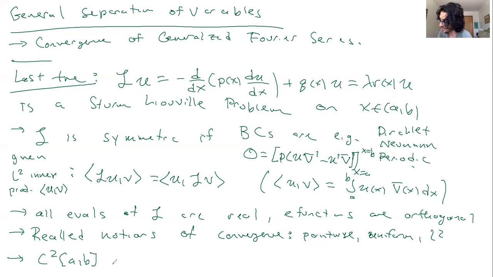And we also said that C2 functions are dense in L2. If I have an L2 defined function, then I have close by a C2 function. So if I have L2 convergence, that means my function is converging to an L2 function, and so it's going to be a reasonably good approximation to the C2 function that I'm interested in.